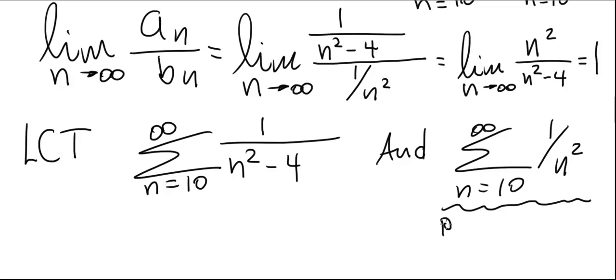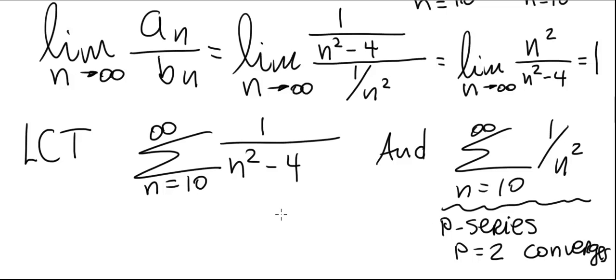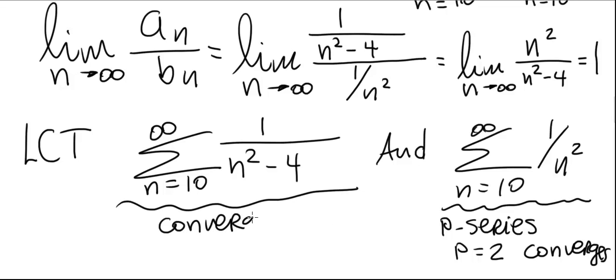It's okay that it starts at 10, with p equal to 2. So this series converges, and we can conclude that this series also converges, by, of course, the limit comparison test. Let's try the comparison test.